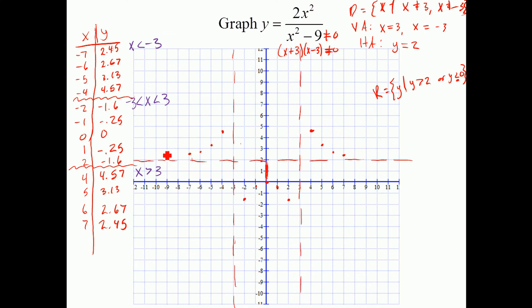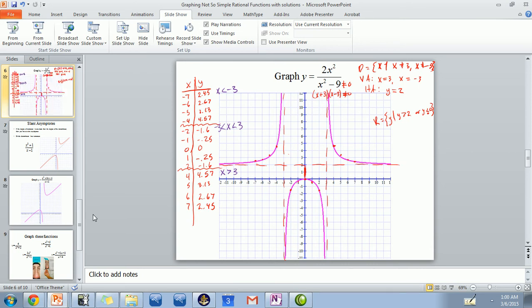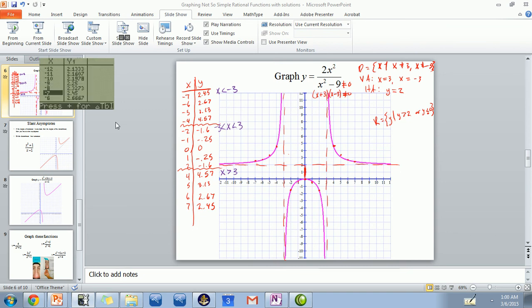If I'm plugging all of those values into my function, here's the part that I want to show you. From the calculator, if you plug this function into your calculator and then you hit second table, all of the values are already here in the function. So you can see what the values are for each.